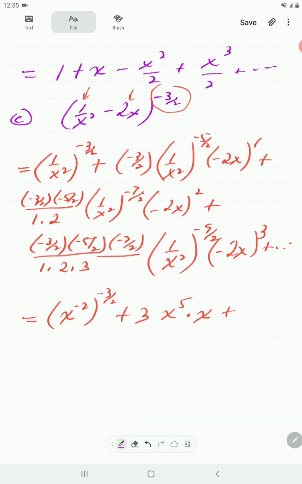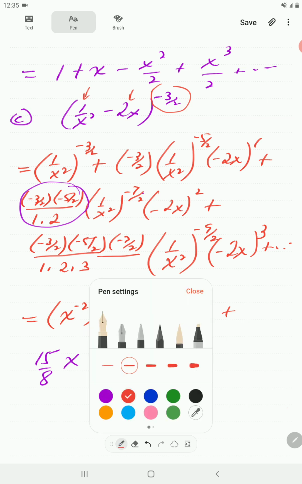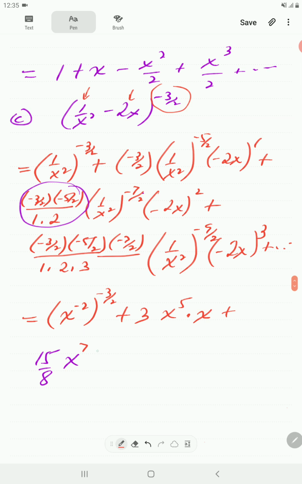This group of terms here will give us 15/8, and then we're going to have x to the power 7. Then that one is going to give us 4x squared, and then the last term is going to be plus as well.